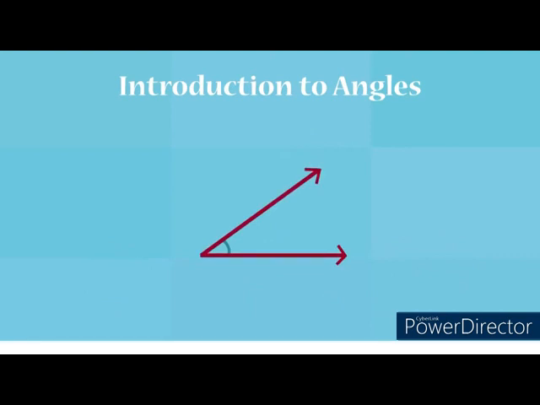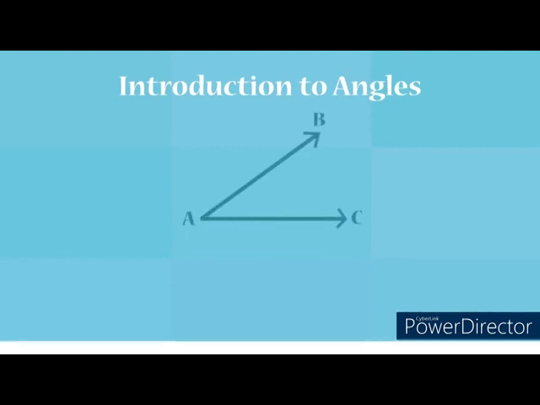There are two rays joining together, and those two rays are called arms of an angle. The point of intersection is called a vertex. Once again, the two rays are called arms, and the point of intersection is called the vertex. Let us say ray AB and ray AC are pointing at the intersection point A, making an angle.